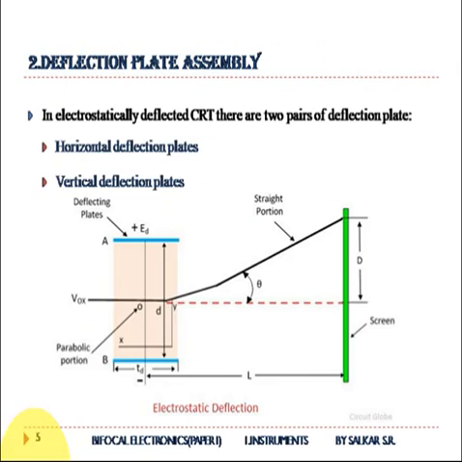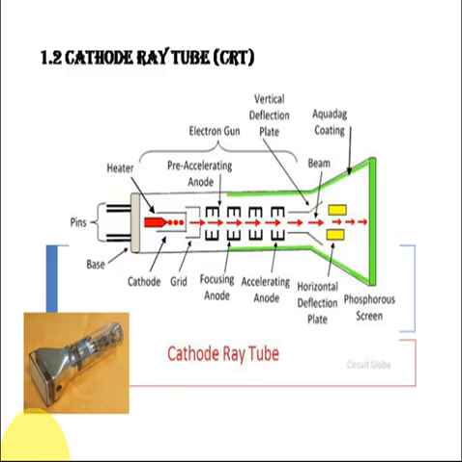Here again you can see there is a glass envelope. This is the base of the CRT. This part is the glass envelope and base of the CRT. The base is connected to the entire electron gun assembly, and it is made of highly evacuated, non-breaking glass. Pins are connected to this base, and to these pins we may give the CRT voltage, which varies from 500 to 33,000 volts.